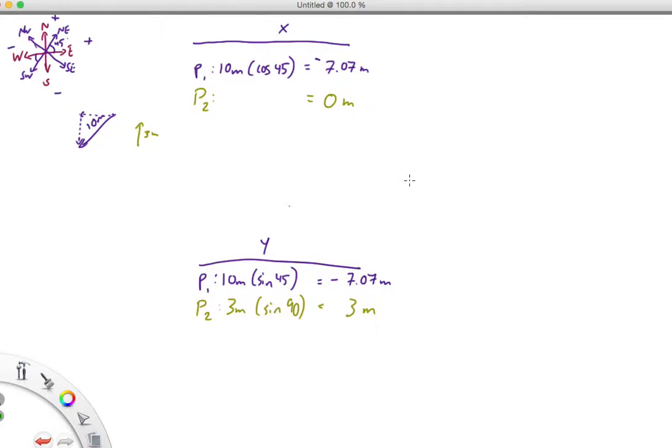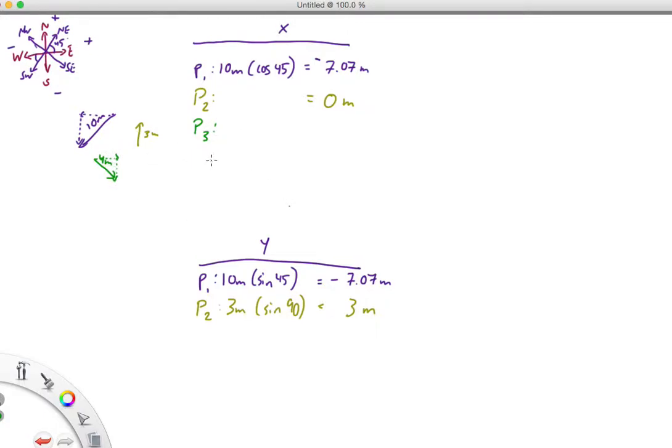Okay, on to P3. I hope I haven't lost you yet. P3 is a putt which is 4 meters southeast. So it's going to be like this. We need an x component to this, which is in this direction, and we need a y component, which would be in this direction.